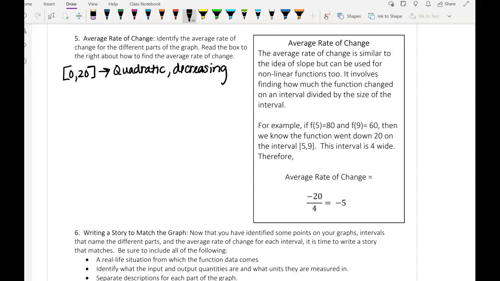So we know we found some points there. We know our quadratic at 0, we were at 10,000. At 20, we were at 4,000.